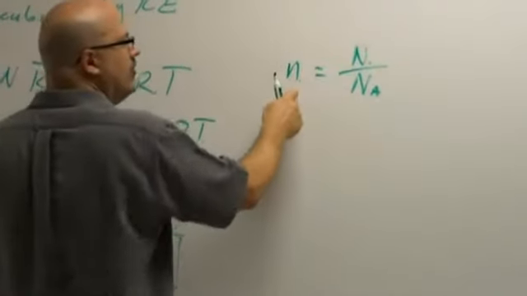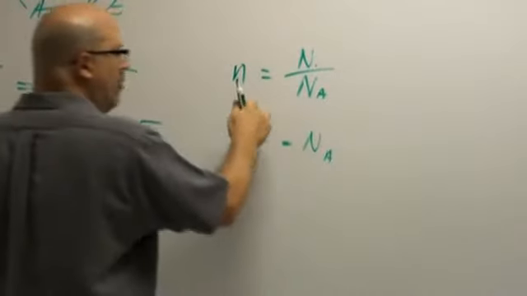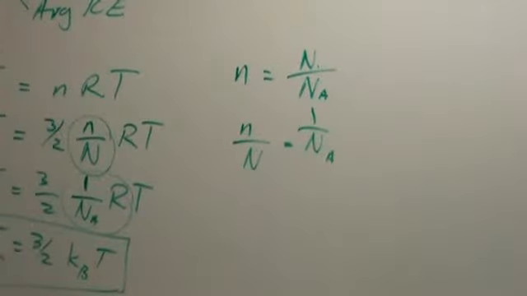So when I divide this over here, the number of moles over number of molecules is 1 over Avogadro's number. Do it again. Okay, we got it? So here's our equation.